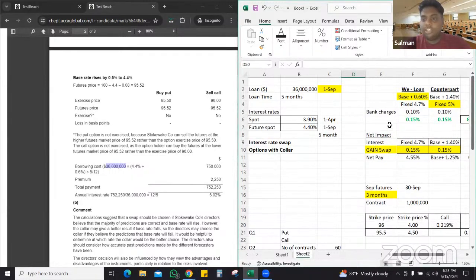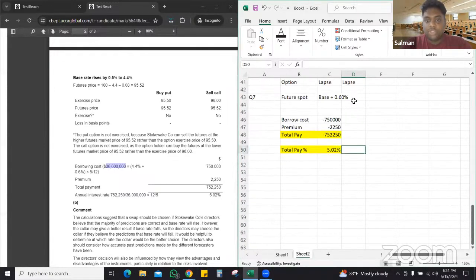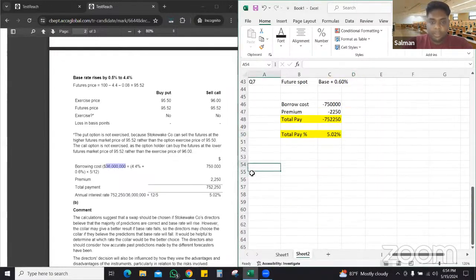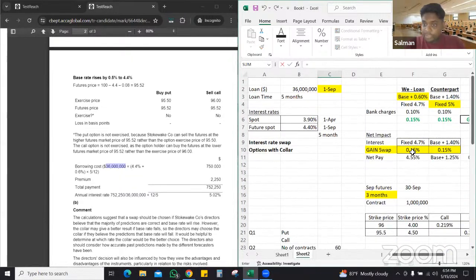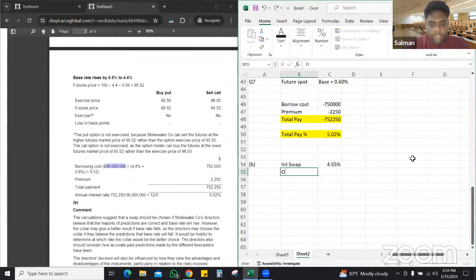Now see, if you are going with part B, you have to comment. Part B, if you are going with interest rate swap, what's your expense? The net expense is 4.55%. If you are going with option, yes, we are lapsing the option, but still, what's your expense? 5.02%. So these are expenses, right?